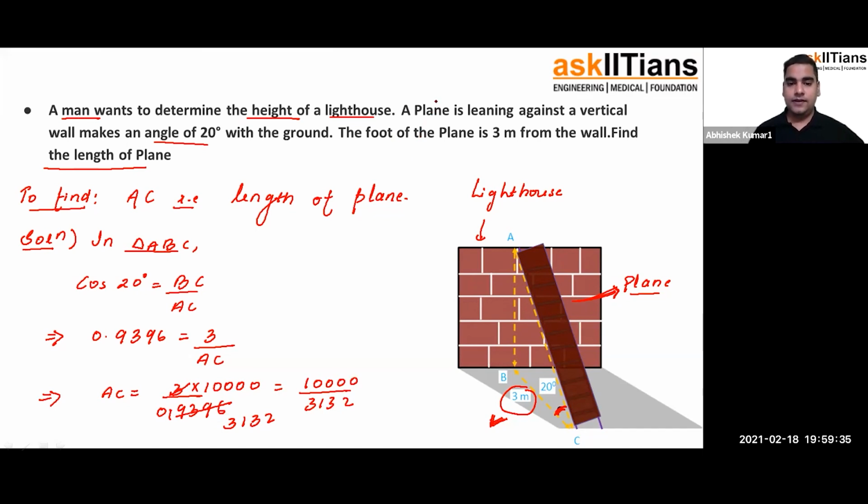Okay. So you are saying it's approximately 3.192. So the approximate value here you are getting is 3.192 meter. That means this is going to be the length of plane for this situation, which is given in the problem, to hold true. Is that clear to everyone? That's the answer to this problem.